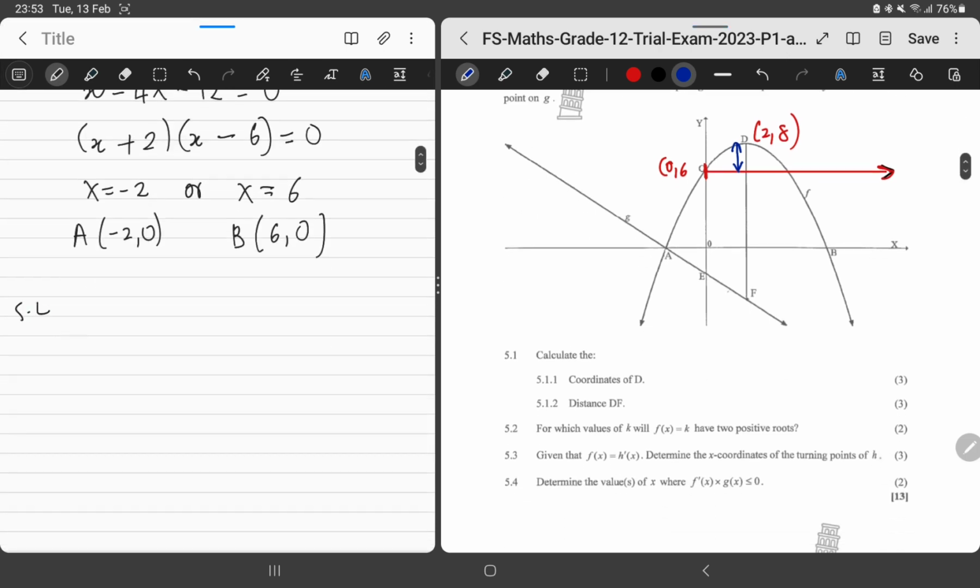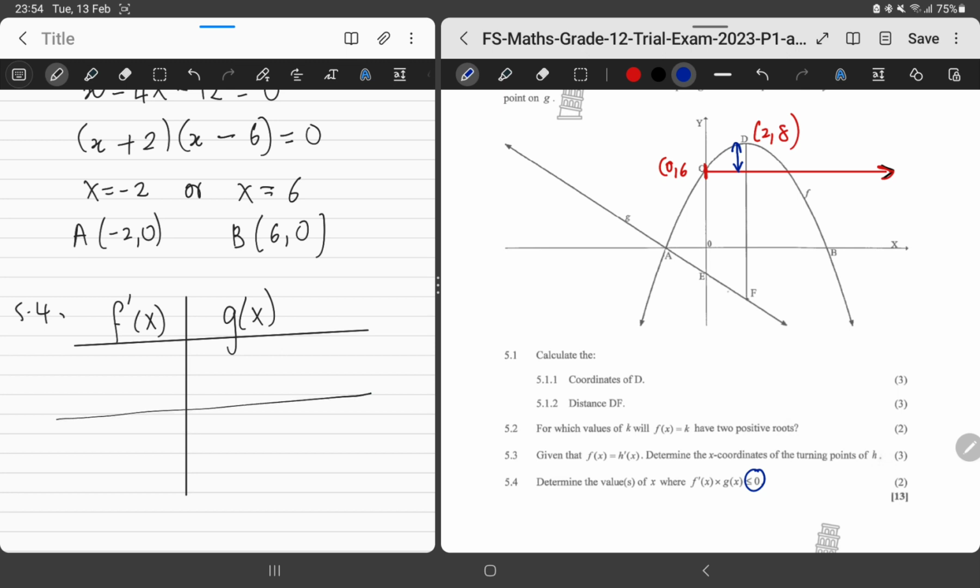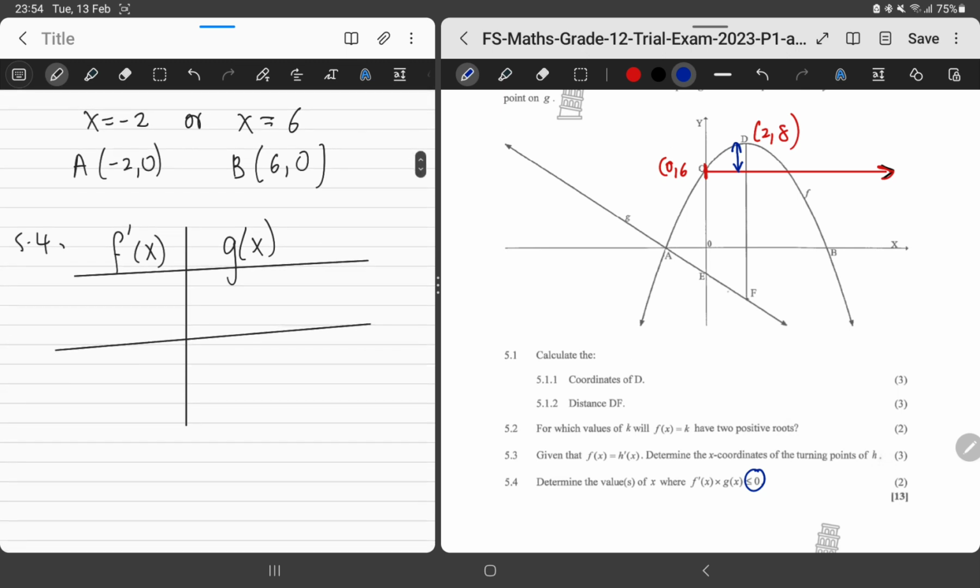And then 5.4. Determine the value or the values of x where the gradient of f multiplied by g of x should be less than or equal to 0. In order to get something that is less than 0, you must have a negative solution. So it means that I need to multiply something that is positive with something that is negative. I will have two scenarios. In the first one, the gradient will be negative and g of x will be positive.